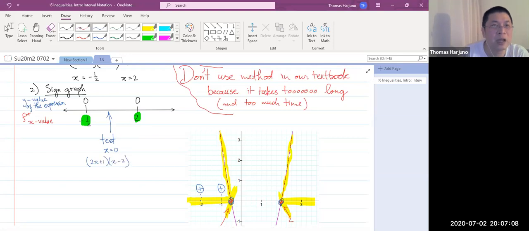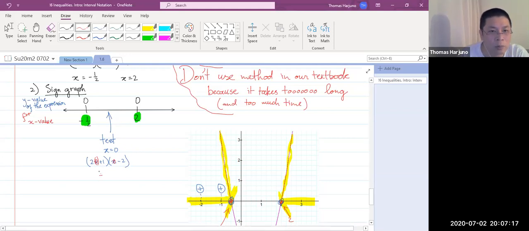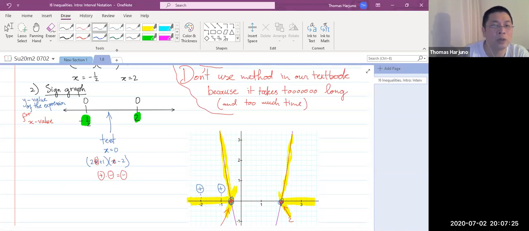Now replace the x by 0. You will get positive 1 here, or positive, and negative 2 here, or negative. The product of positive times negative is negative. That's how I get that to be negative here.